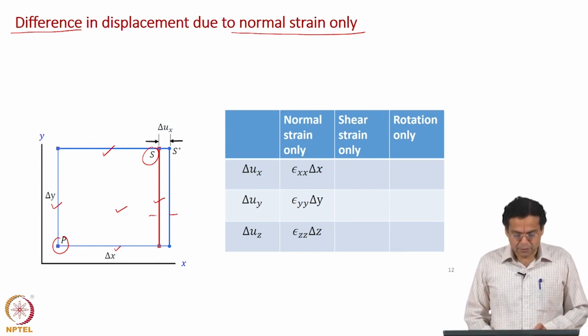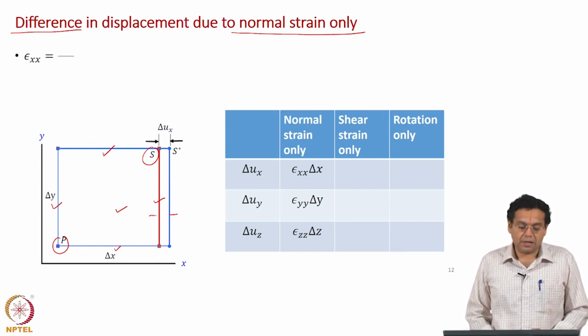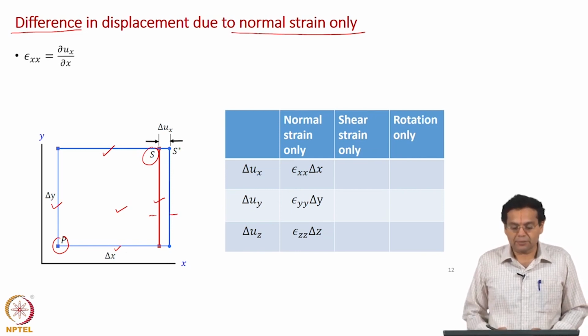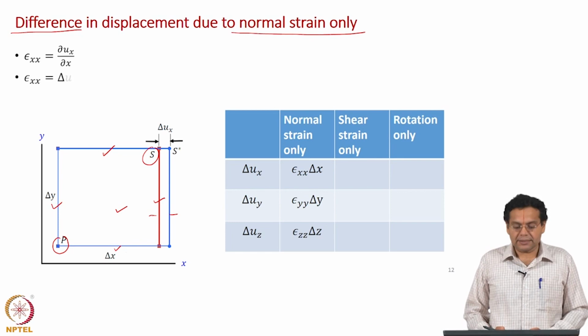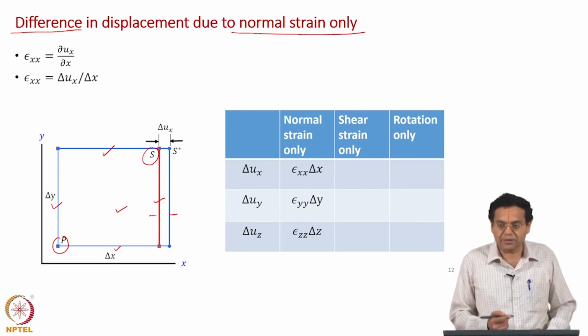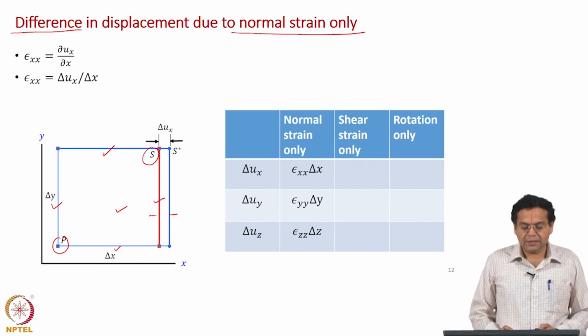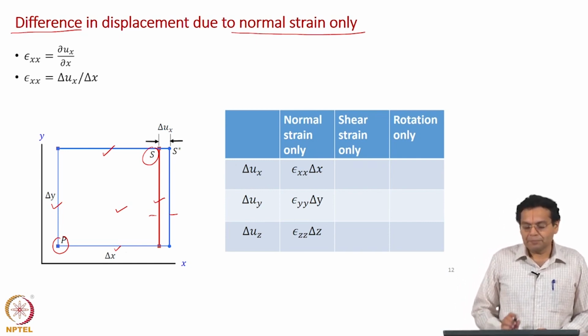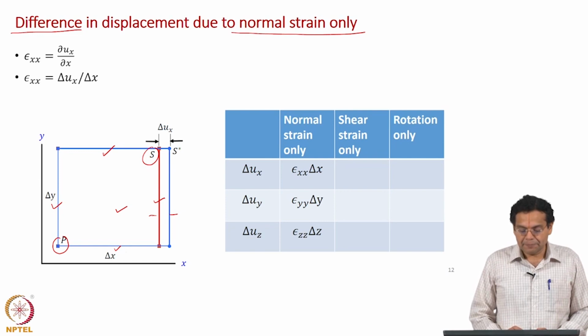Okay. Now we know that normal strain is related to the displacement gradient in terms of dou ux by dou x. I will write in terms of difference: epsilon xx is equal to delta ux by delta x. As I told you, we are working in terms of difference for understanding. So I will write dou ux as delta ux, dou x as delta x. What does this tell you in physical terms?